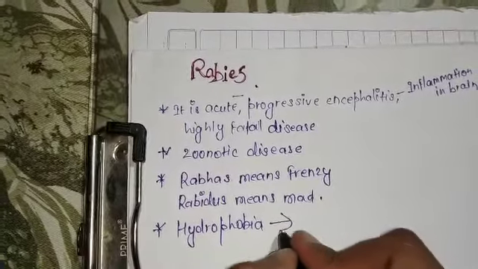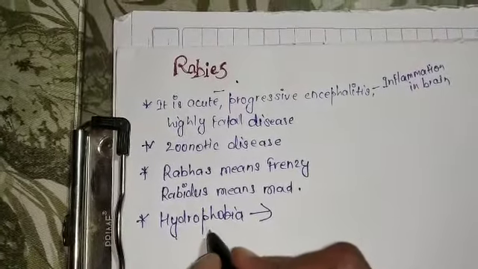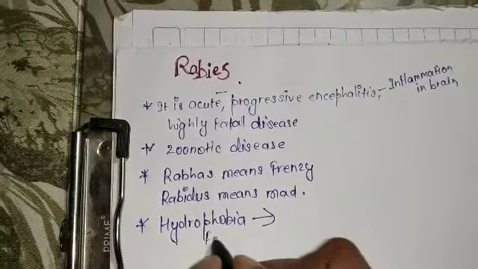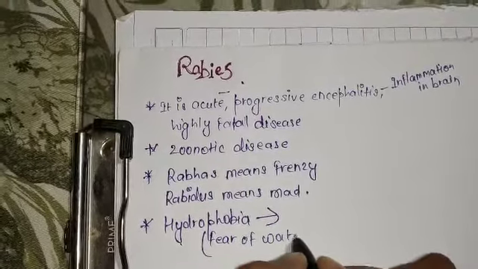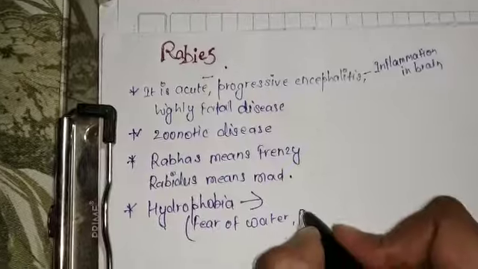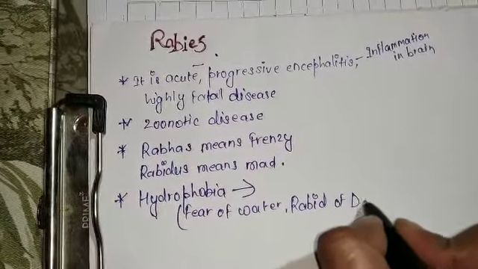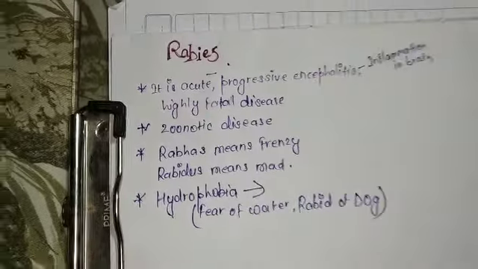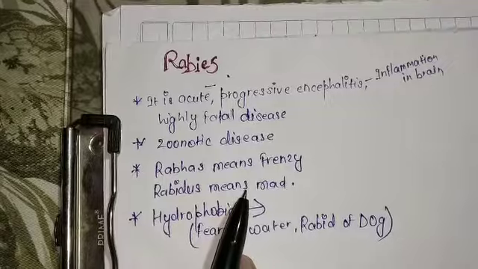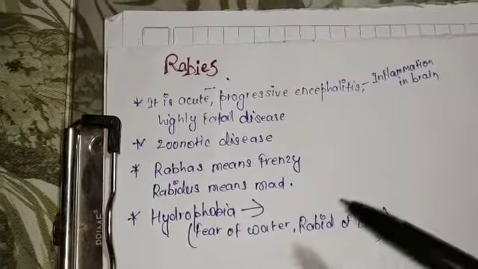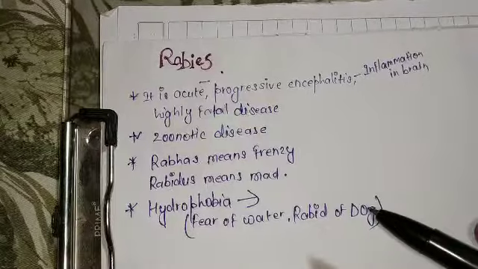In humans, basically hydrophobia is used, which denotes the fear of water, and the rabid of a dog means saliva of a dog. Basically, rabies is a disease caused by mad dogs which are moving here and there in the streets and colonies.